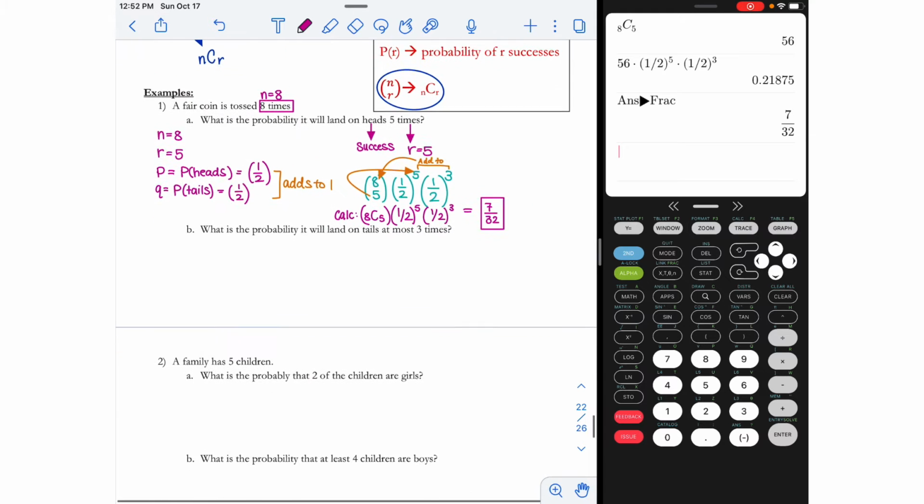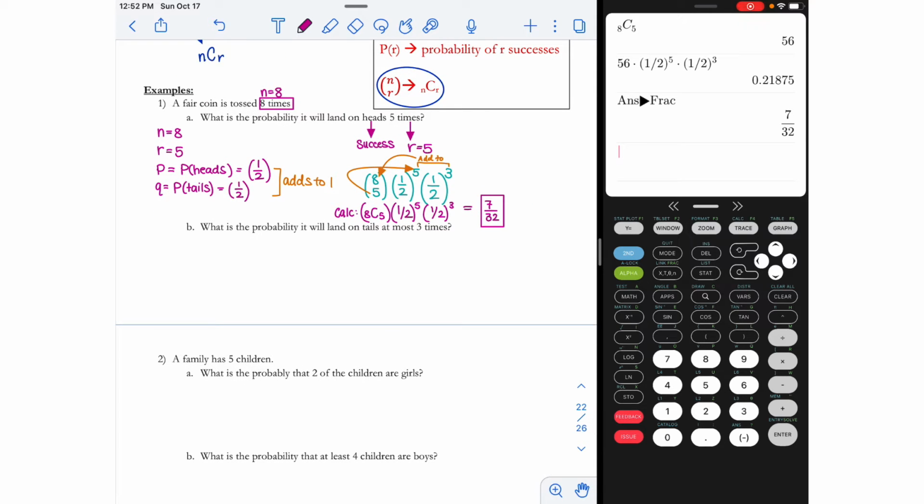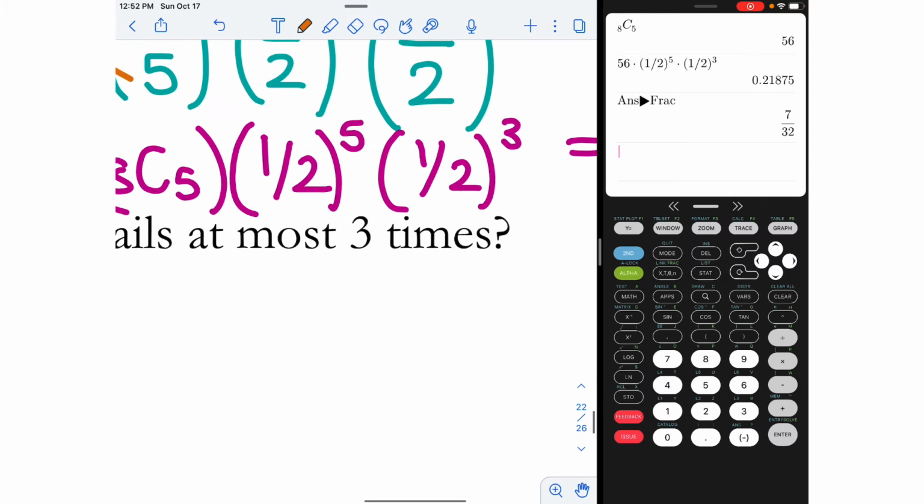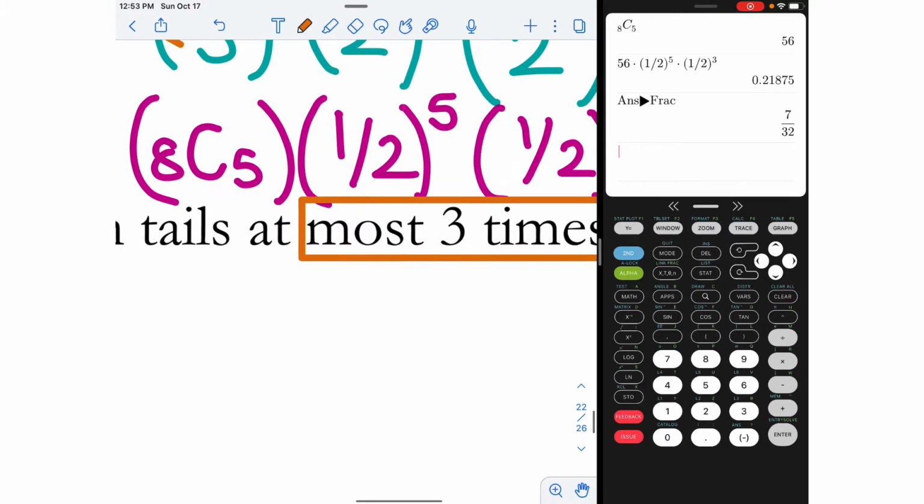Okay, let's do another one. What is the probability it will land on tails at most 3 times? This is a hard problem. What does at most mean?